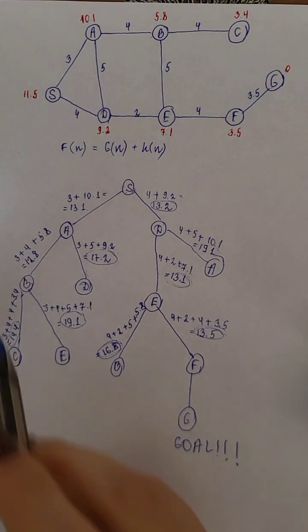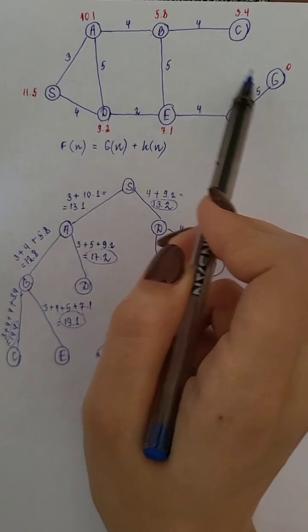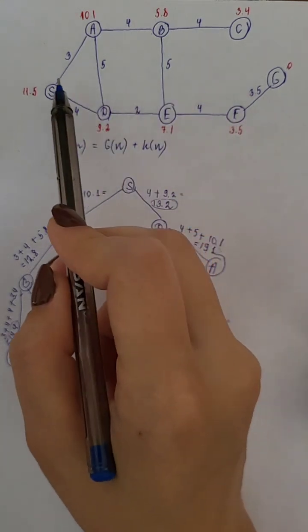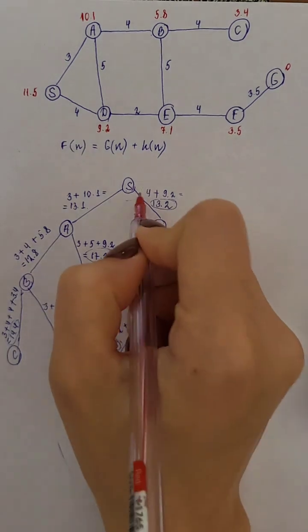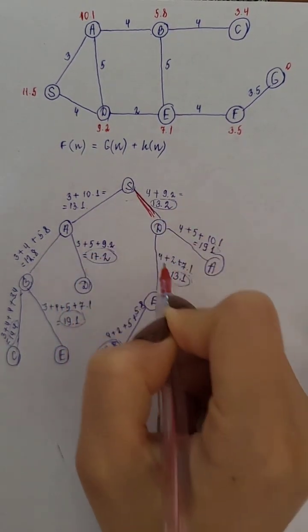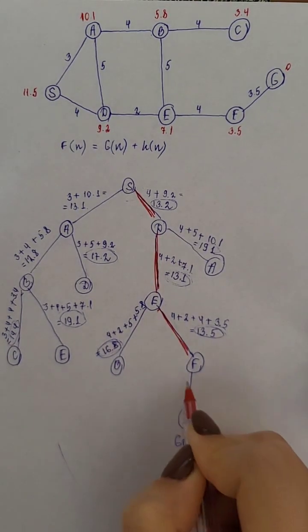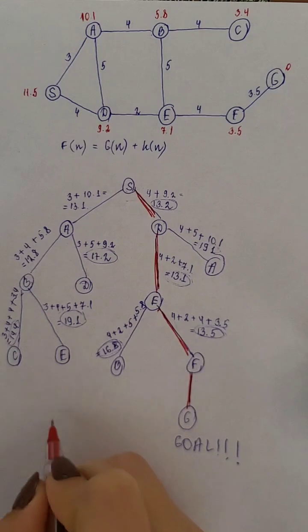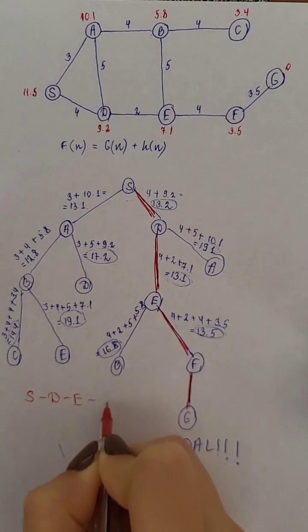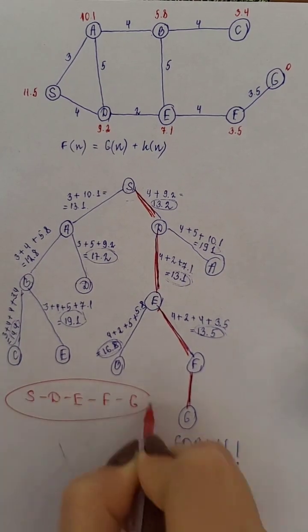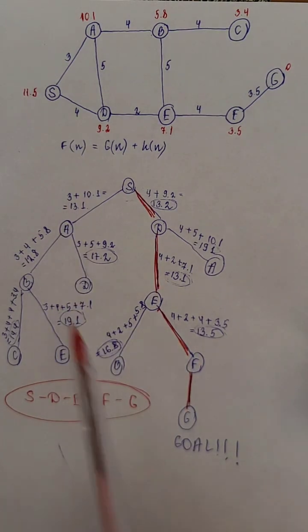So to go from S to G, the path to reach G from S is this road, yes? S to D, D to E, and E to F, F to G. So the answer will be S, D, E, F, and G. The minimum cost here, what will give us?